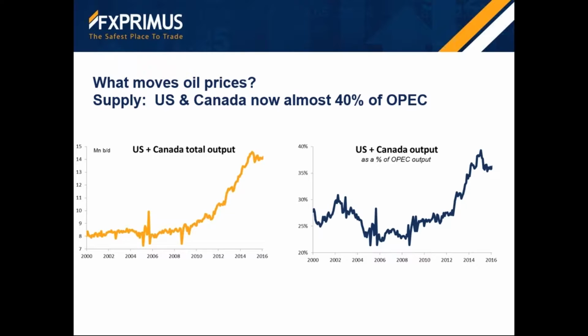I'm actually not including Mexico in North America in this case. The United States and Canada now produce around 40% as much as all the OPEC countries combined. This has eroded the power of OPEC in general, and Saudi Arabia in particular, to control the supply of oil and to control its price.